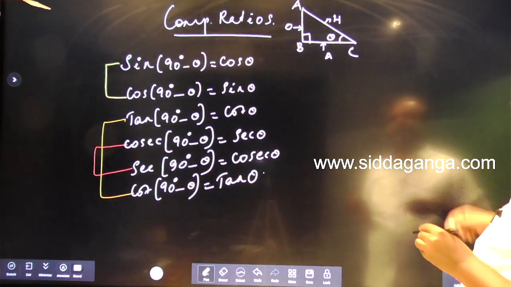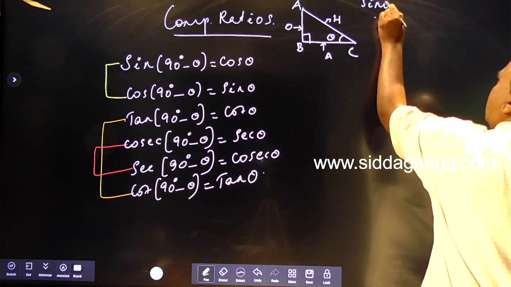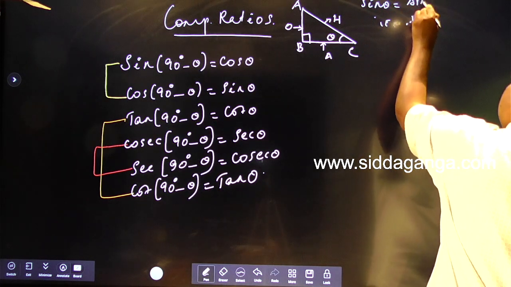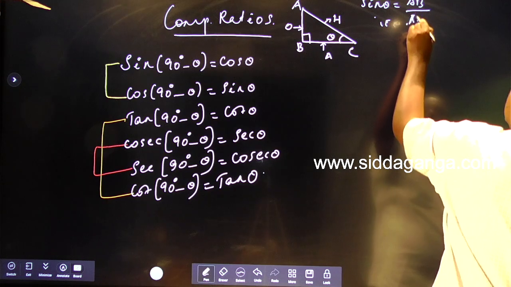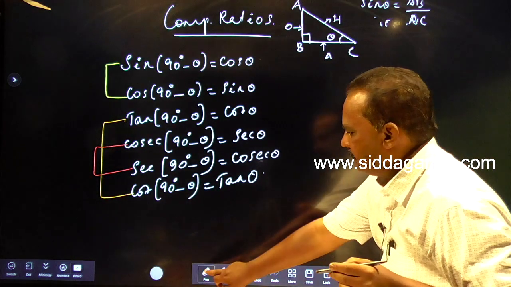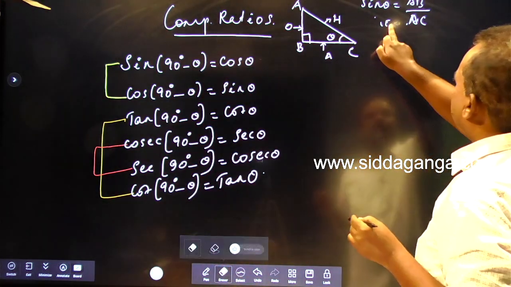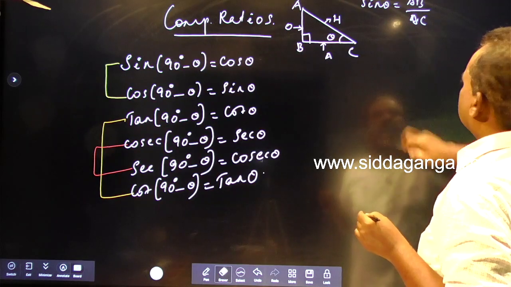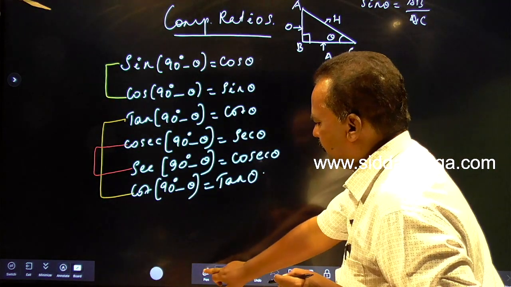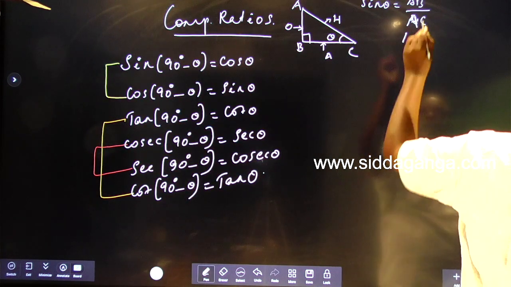How do you define sin theta? Sin theta is AB by AC.